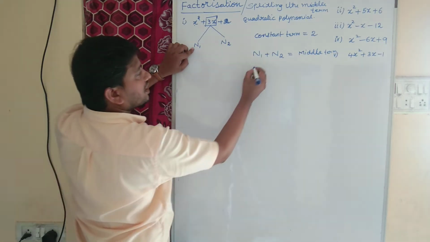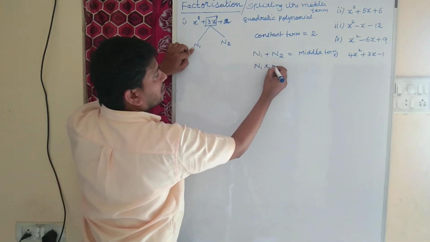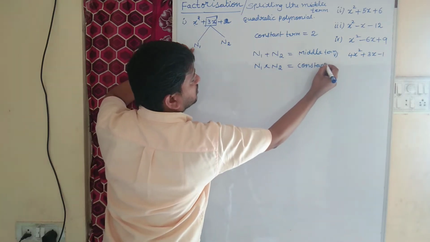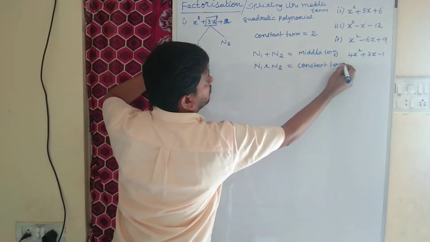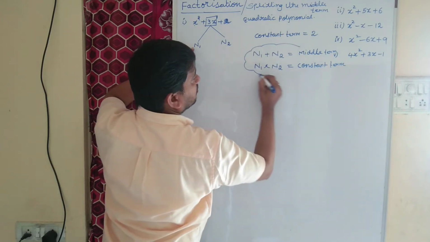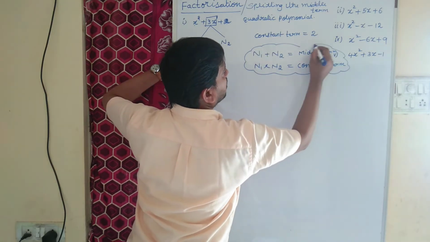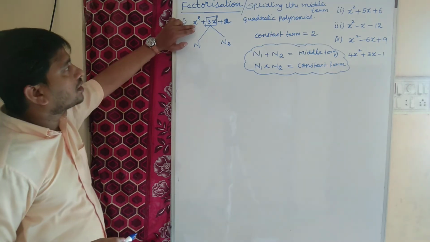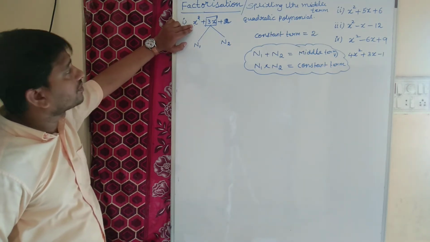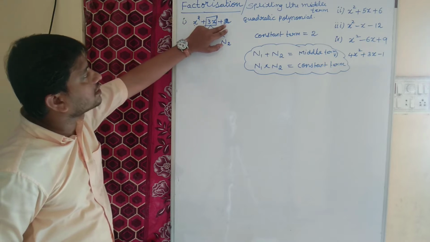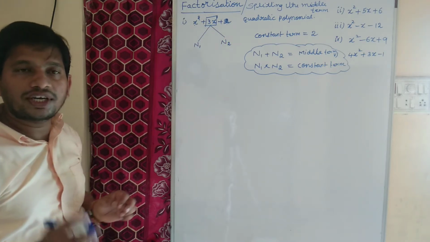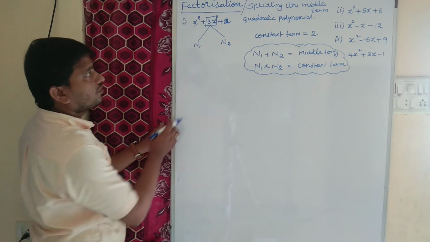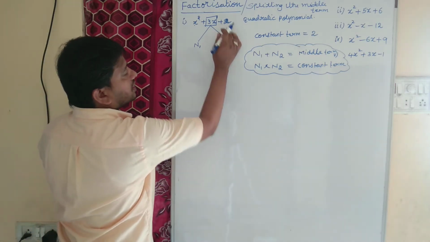And the second condition is when we multiply n1 into n2, we have to get the constant term. This is the condition when we are splitting the middle term, or doing factorization. Children, here the first term is x square, the second term is 3x and the third term is 2, the constant term.